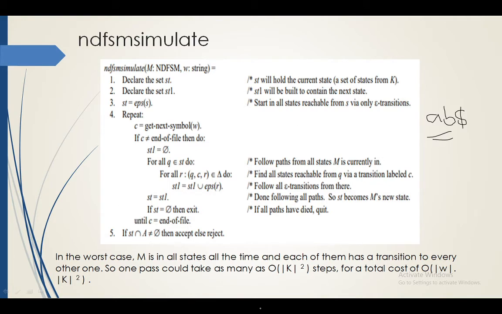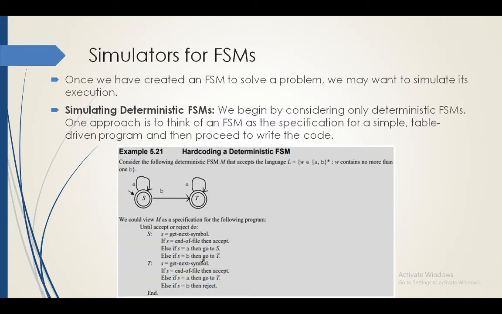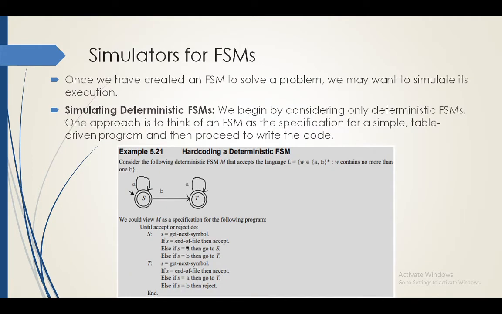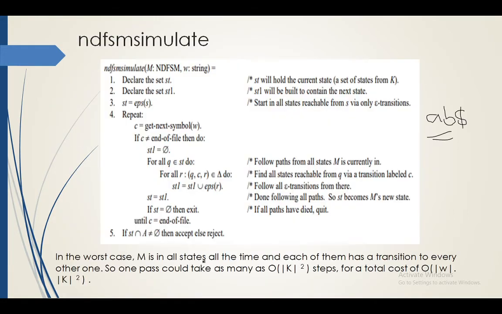So this is my example, and I'm going to hard code it like this. But with a little change: I'll find the EPS function from the current state, then check the transitions from each of the EPS states.